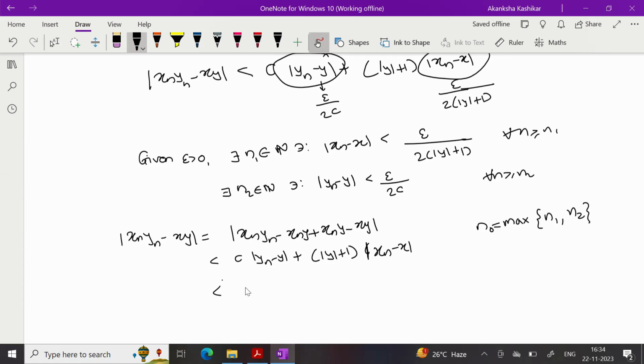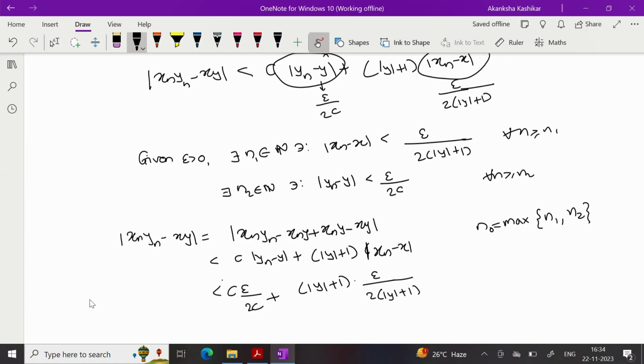So I will have this less than c into epsilon by 2c plus mod y plus 1 into epsilon upon 2 times mod y plus 1. One small technical detail. Here dividing by c doesn't change the sign because I know c is positive. Why c is positive? Because c is a bound for mod xn. Mod xn is non-negative.